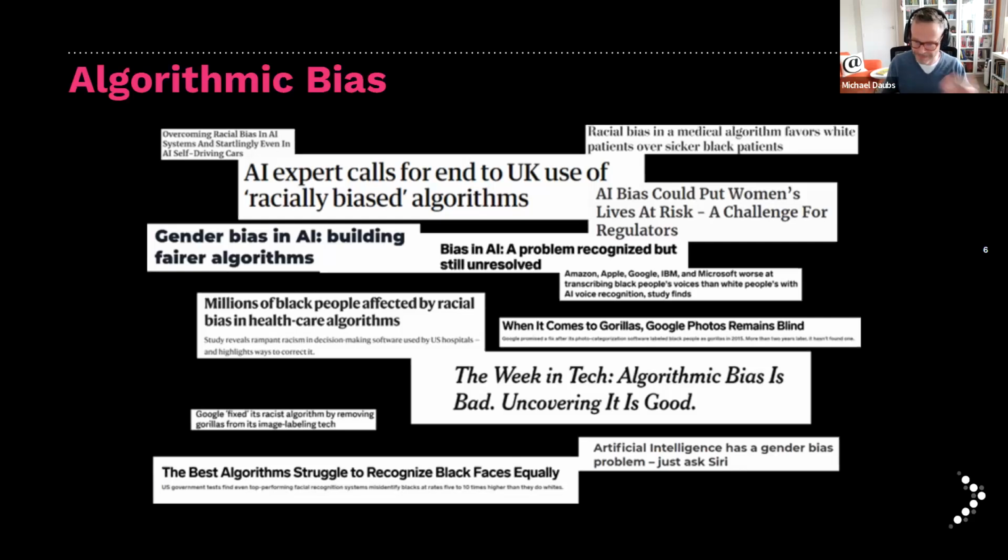Another somewhat well-known example is from Amazon, which began building an algorithm-powered employee review program in 2014 that would review job applicants' resumes to identify top talent. But very quickly, that algorithm started disregarding women for software developer jobs, ranking them lower than men, and other technical posts within the organization.